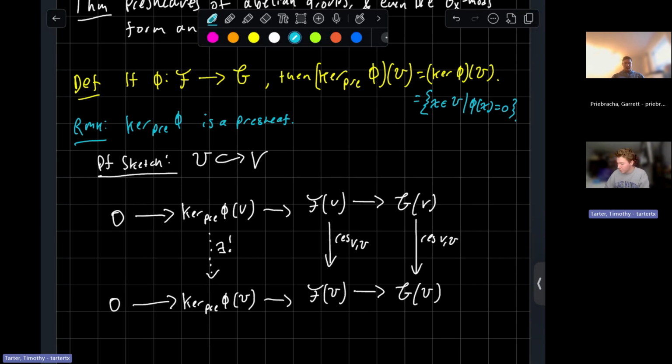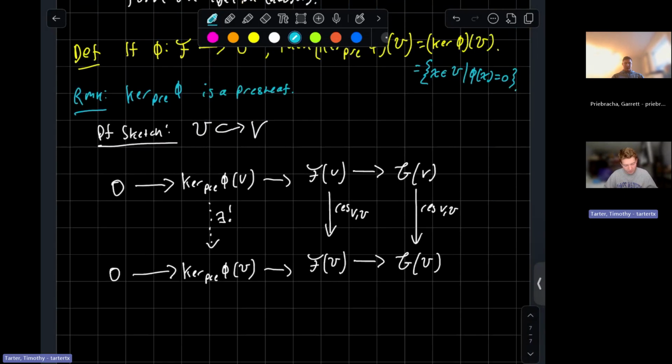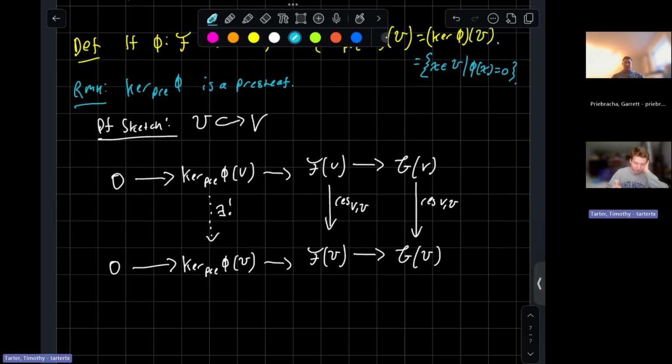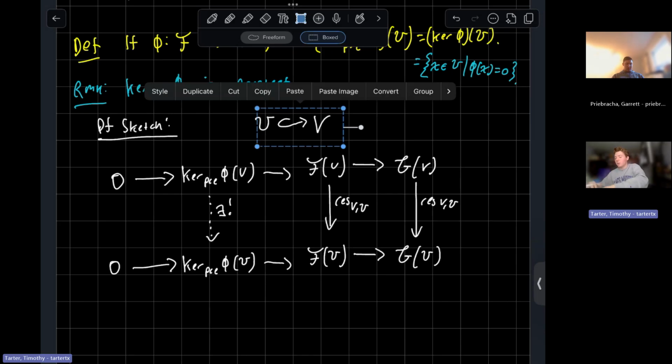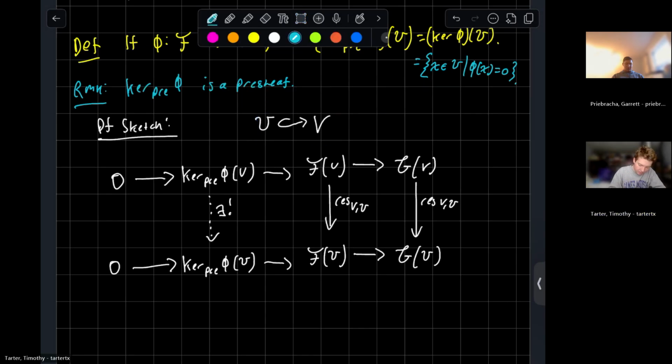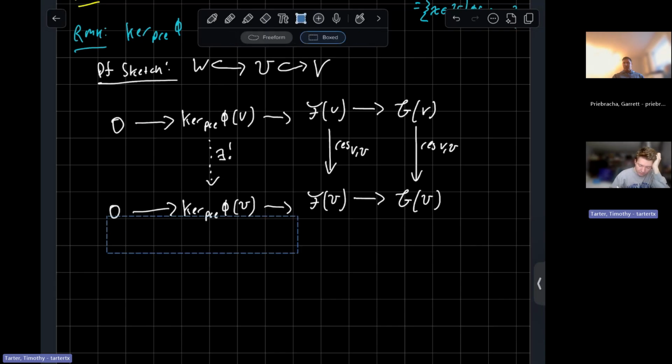So we want to show that this is a pre-sheaf, that sections exist, restriction maps exist, and that restriction maps commute. And so if we were to add an inclusion to this W, then we could double this over.